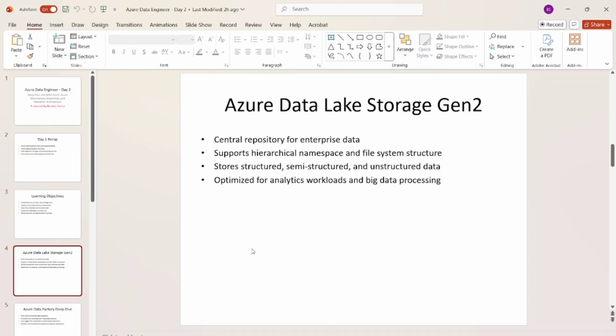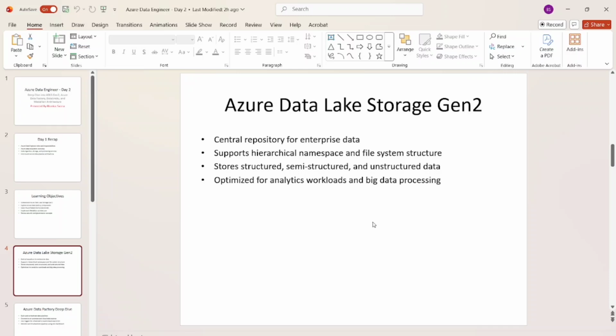Next, moving to Azure Data Lake Storage Gen2. It is mentioned here: a central repository for enterprise data, supports hierarchical namespace and file system structure, stores structured, semi-structured, and unstructured data, optimized for analytics workloads and big data processing.